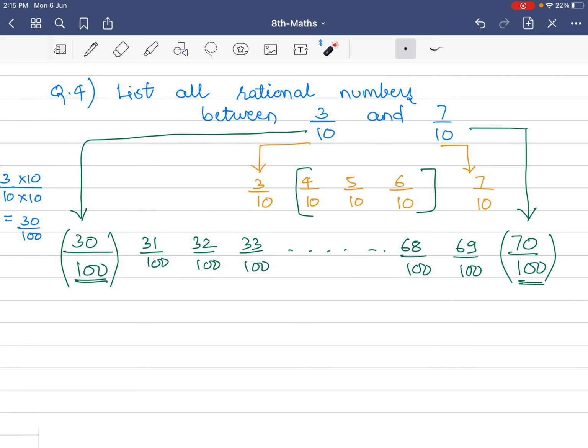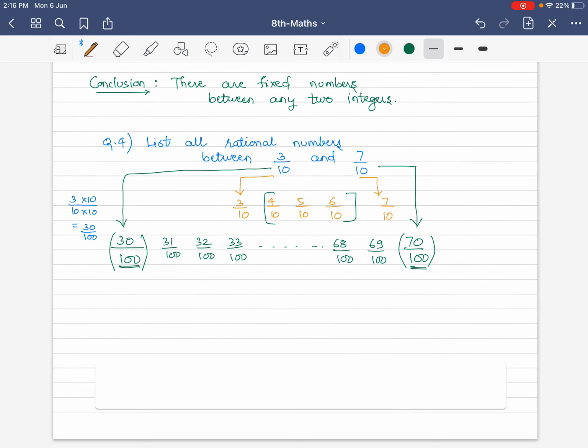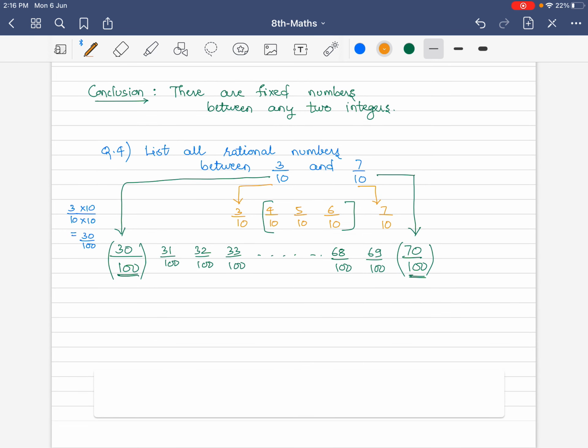Now again, expanding this concept where we multiplied the numerator and denominator by 10, let's see how much this can be squeezed.